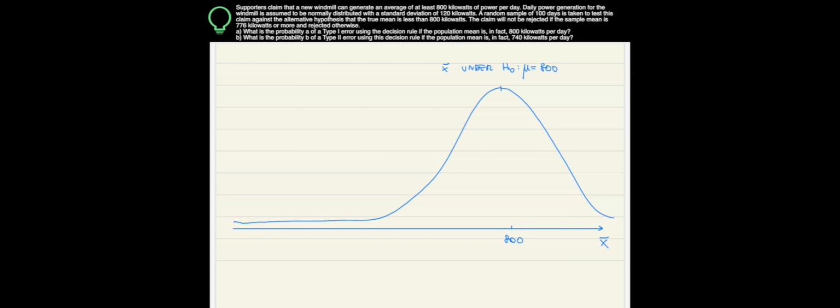If we consider an alternative hypothesis, which we will plot in purple, it's not important, but the alternative hypothesis that the mean is instead 740, so lower.